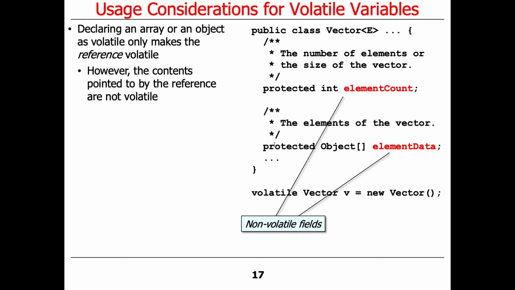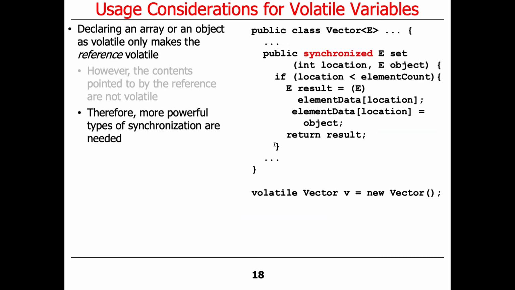And so element count and element data are non-volatile fields, and making vector v volatile doesn't help you because that only makes the reference volatile, which is redundant because references are already atomic in terms of reading and writing, but it doesn't make the state of the object volatile.